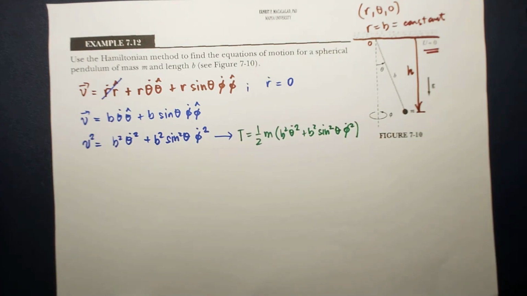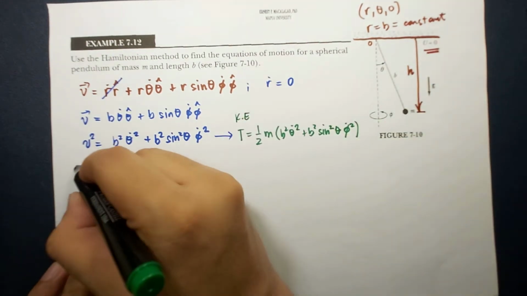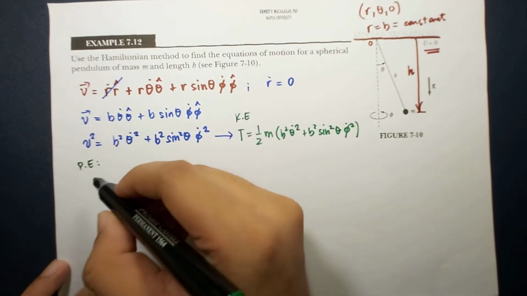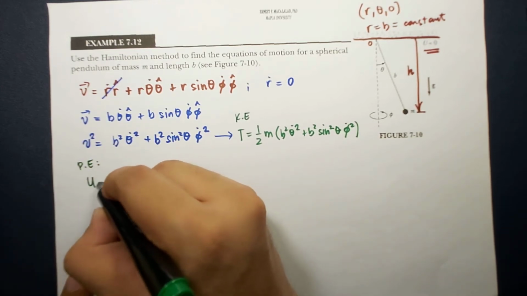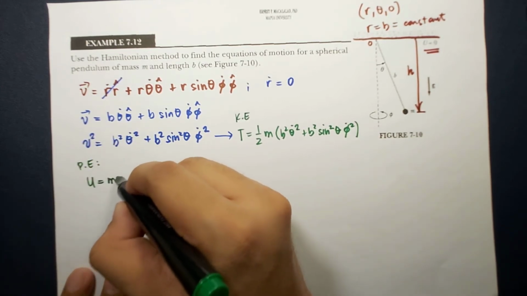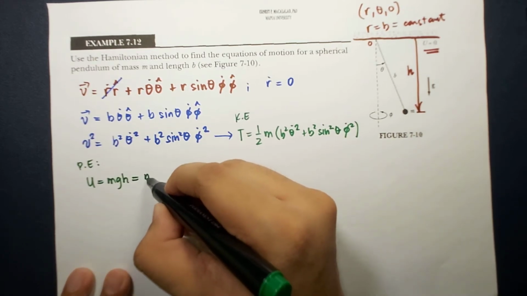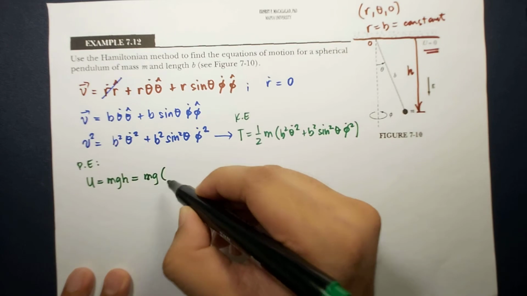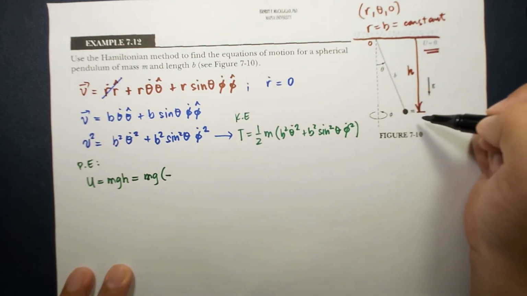If this is our kinetic energy, the potential energy is U equals mgh. Here the direction is downward.